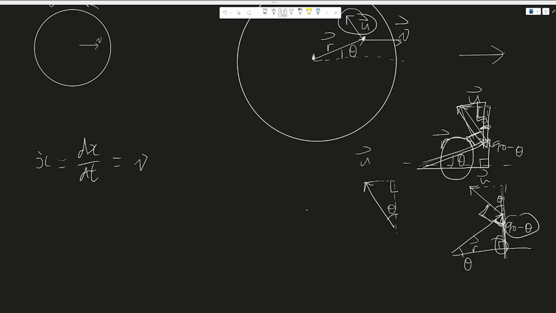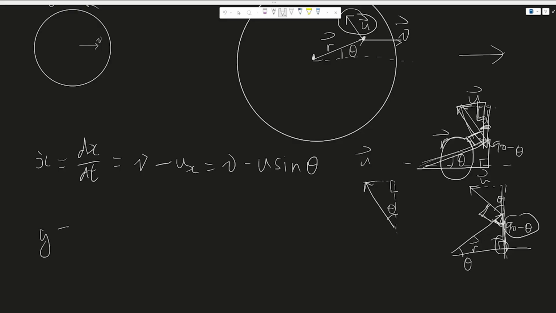So now let's decompose u. We would do v minus the x component of u, and that is u sine theta. So the x direction velocity is v minus u sine theta.